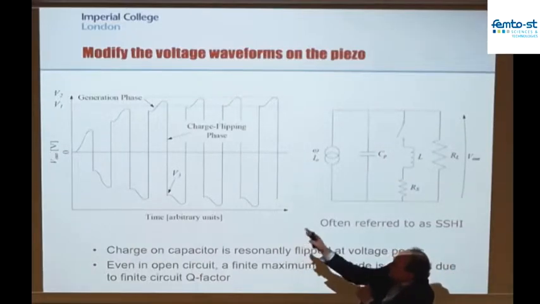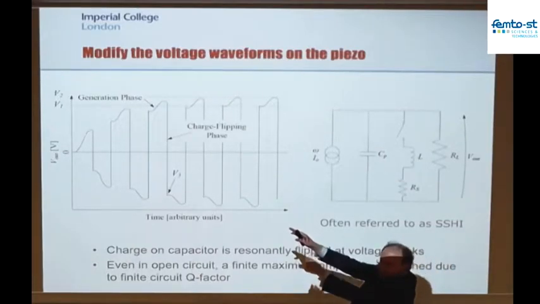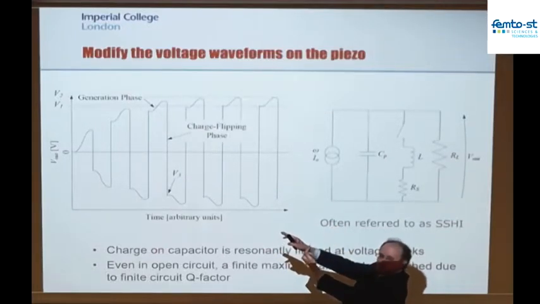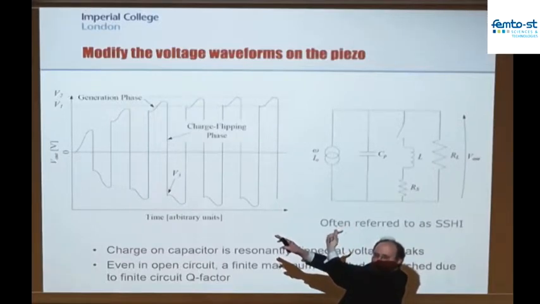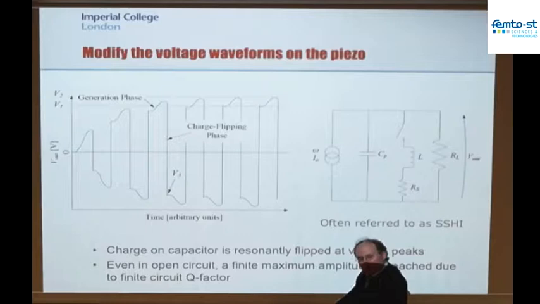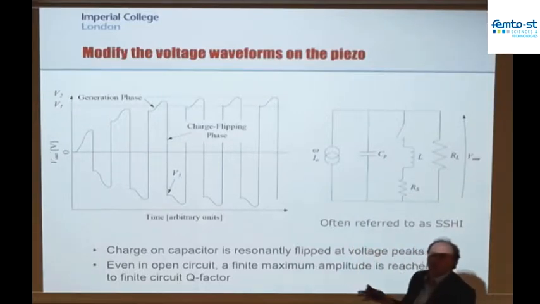Suddenly, rather than having a restoring force pulling it back to neutral, I've now got a force pushing it further in that direction. The electrostatic force on the piezo is pushing it further away from that position. So if I now push it down again, as I do when the mass moves, I can do even more work because the force that I'm working against is greater.